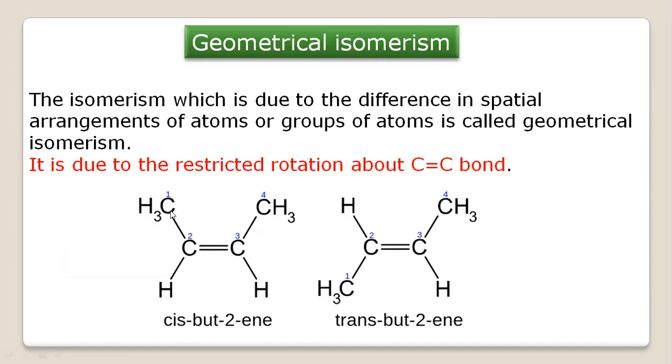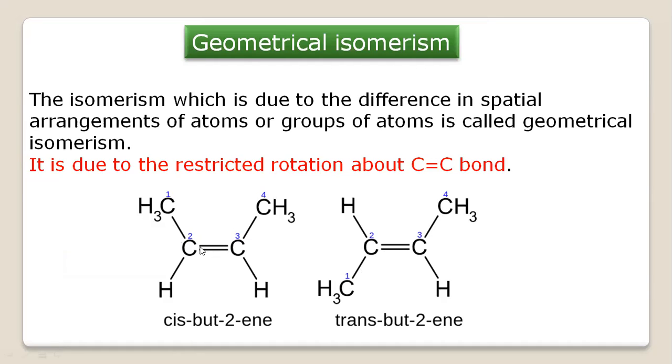Here the CH3 groups are present on one side of the double bond, and here the CH3 groups are present opposite to each other across the double bond. When similar groups, like CH3 or H, are present on one side of the double bond, this is called the cis structure.